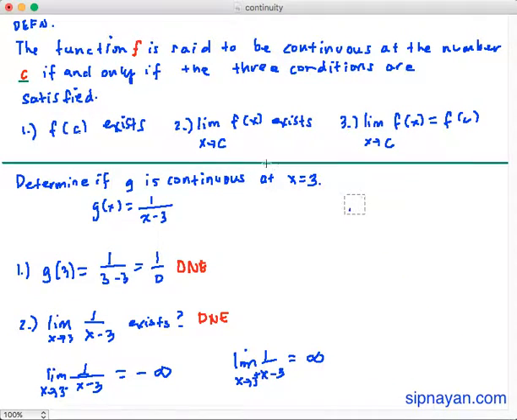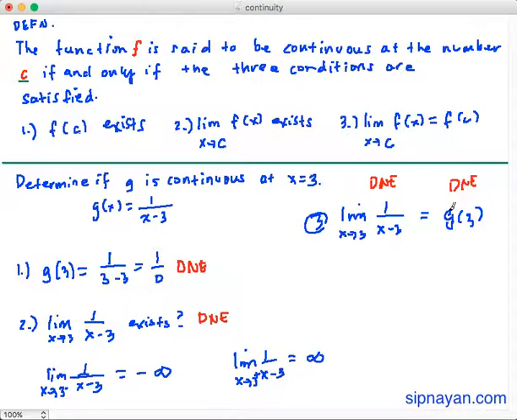Number 3, does the limit of 1 over x minus 3 as x approaches 3 equal, not f of 3, but g of 3? Nag-equal ba sila? No, because pareho naman silang does not exist. Pag does not exist, ibig sabihin wala siyang value. So, hindi natin pwedeng sabihin maging equal sila. Dapat pareho silang may value.